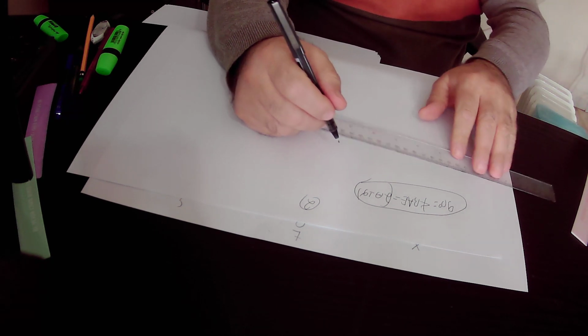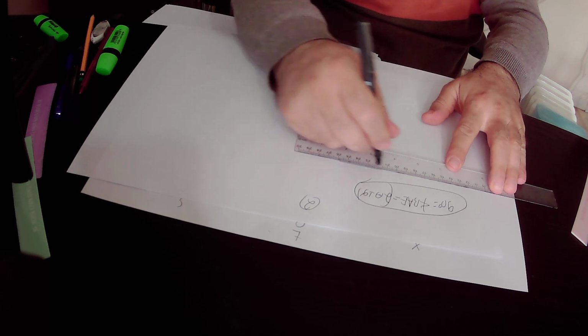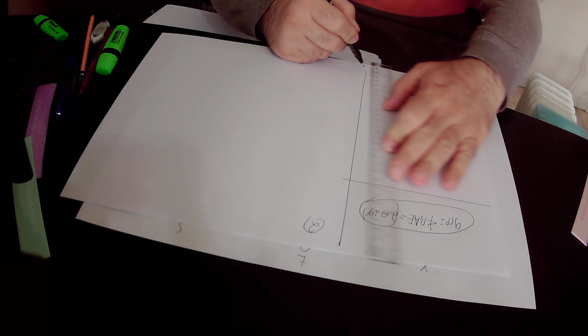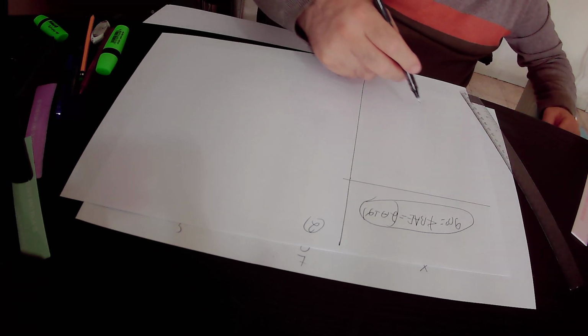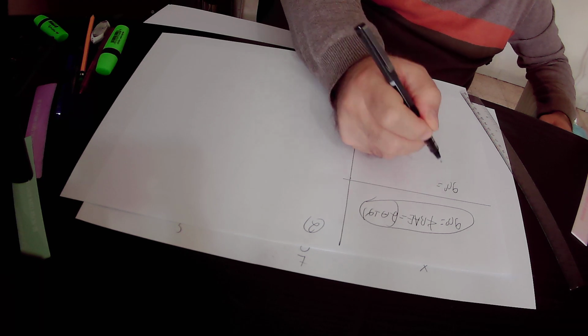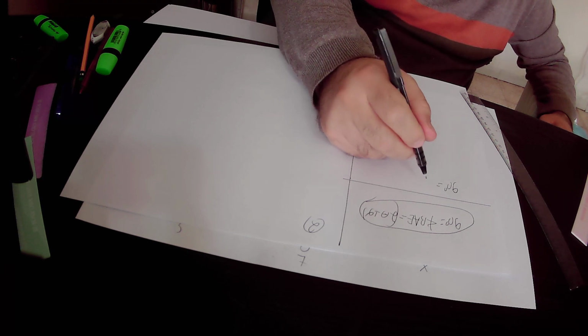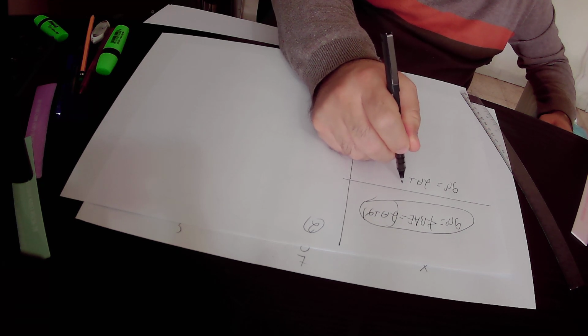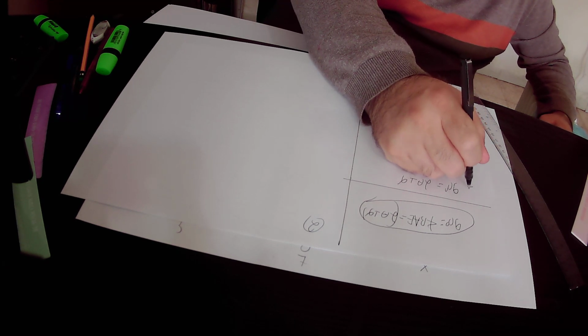So we will conclude that 90 degrees is equal to 2 theta plus alpha. This will be equation number 2.